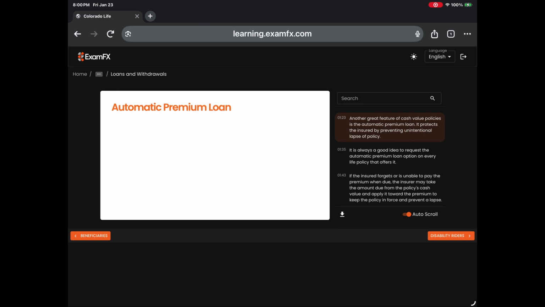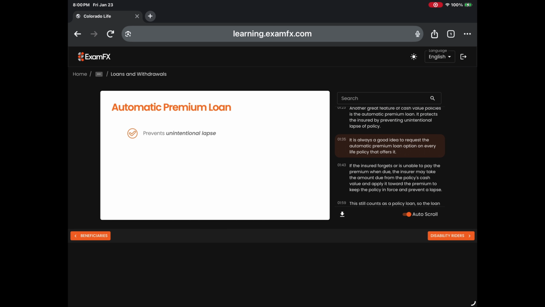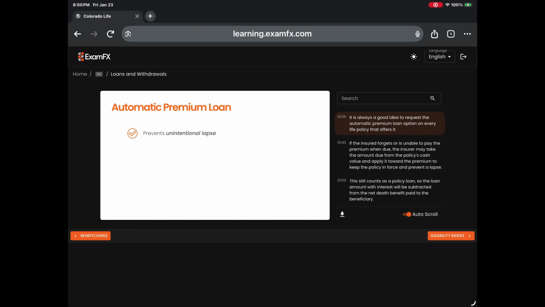Another great feature of cash value policies is the automatic premium loan. It protects the insured by preventing unintentional lapse of policy. It is always a good idea to request the automatic premium loan option on every life policy that offers it.